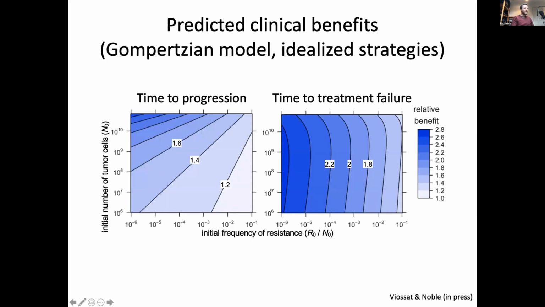But the nature of this relationship really depends on what outcome you're looking at. If you're looking at time to treatment failure, then the key thing really is the initial frequency of resistance. So what matters here is, firstly, what is your outcome? You're looking at time to progression, time to treatment failure, overall survival, and also at what size you are containing the tumor. We look at various different scenarios in the paper.